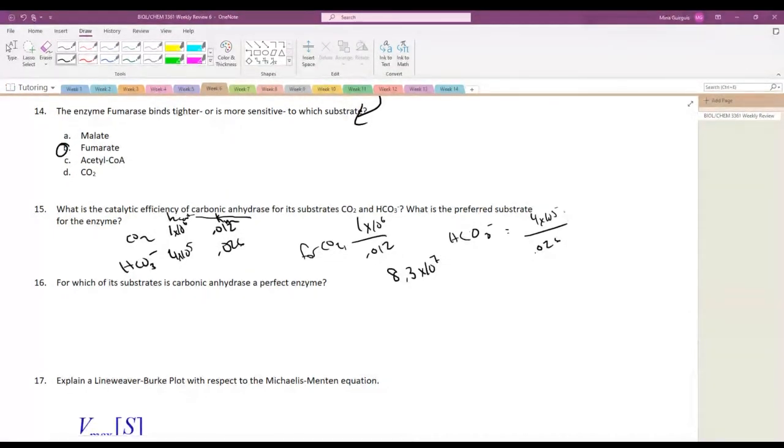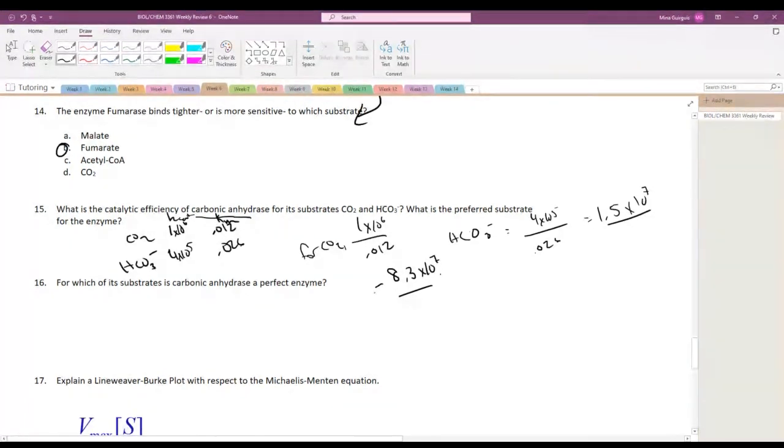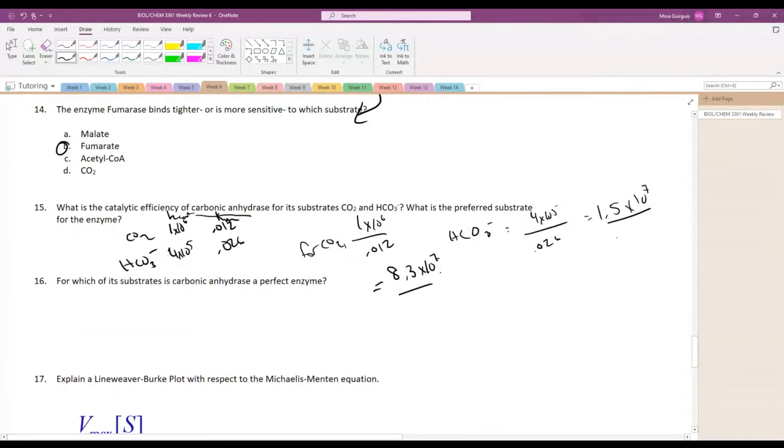The one on the right, we get 1.5 times 10 to the 7th. Okay. In other words, the catalytic efficiency of carbonic anhydrase is this for CO2. Oh, I should put equals so that it's not a negative sign. And this for HCO3 minus.